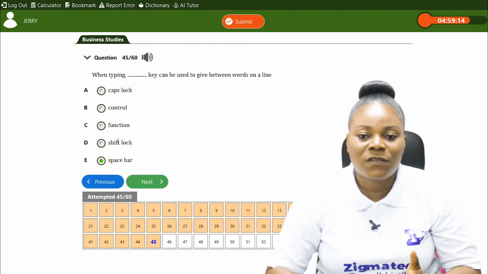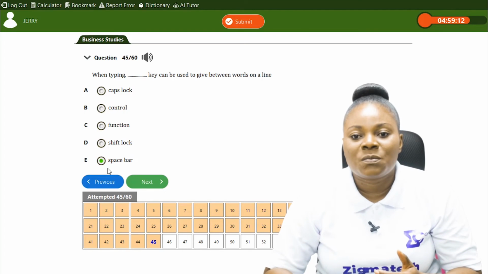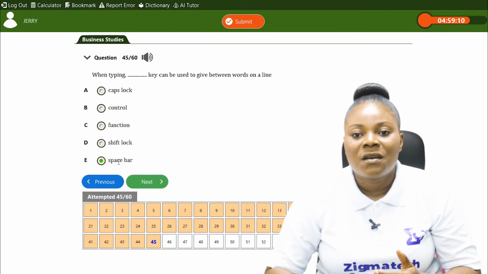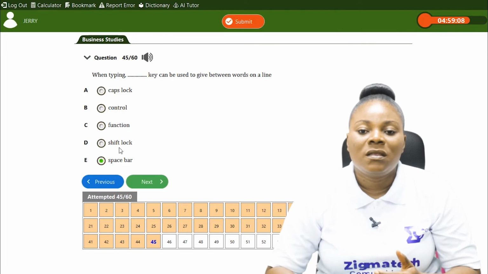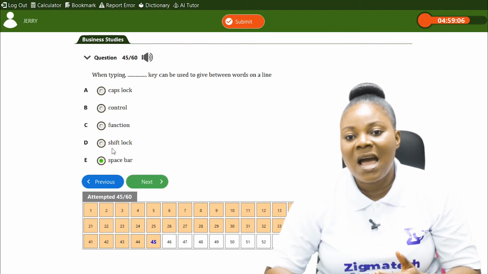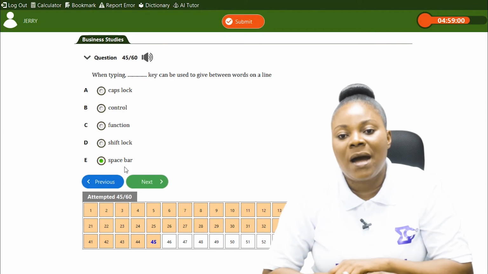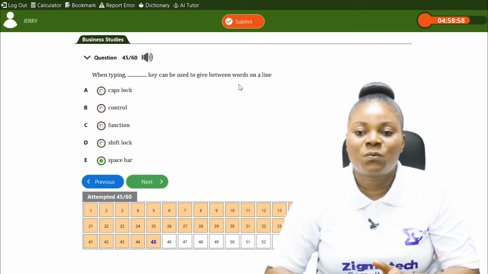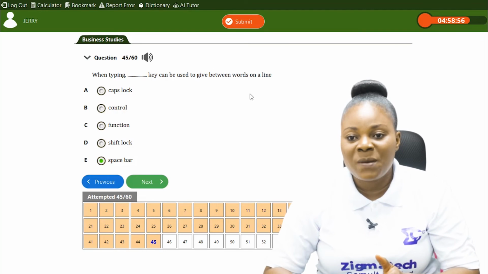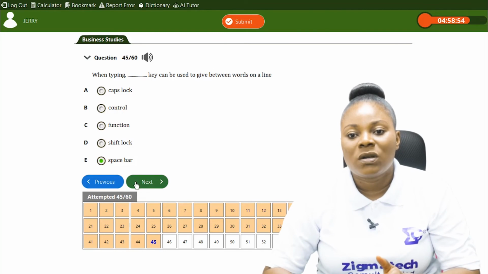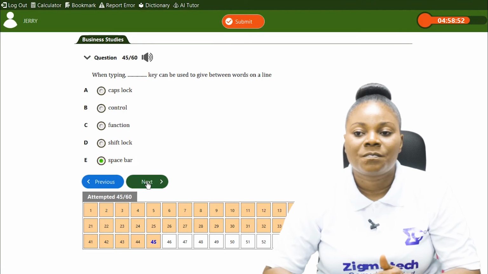We also have your shift lock, which is found on the typewriter. A typewriter has a shift lock. So the appropriate answer here is the space bar. The space bar is used to give space between words on a line.